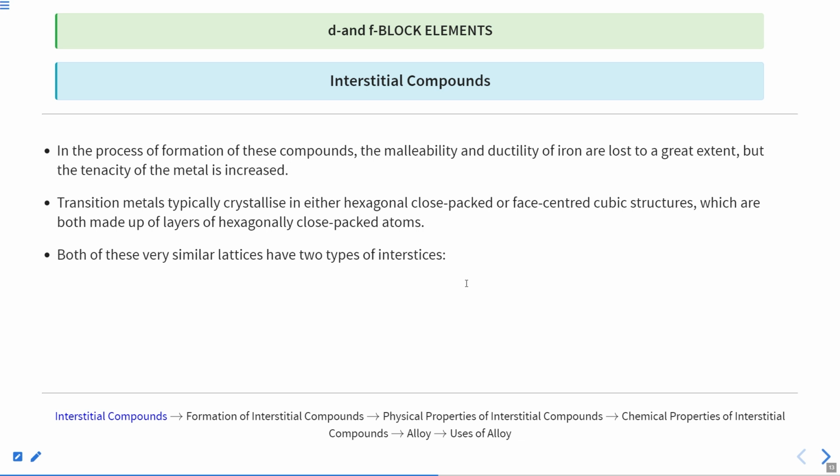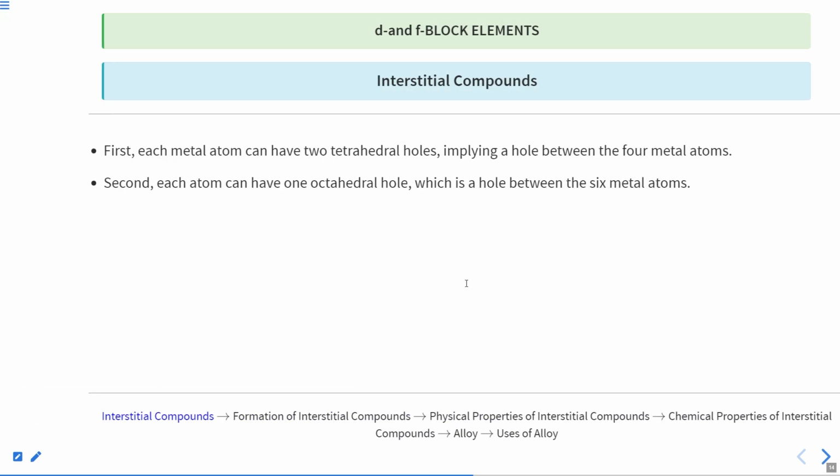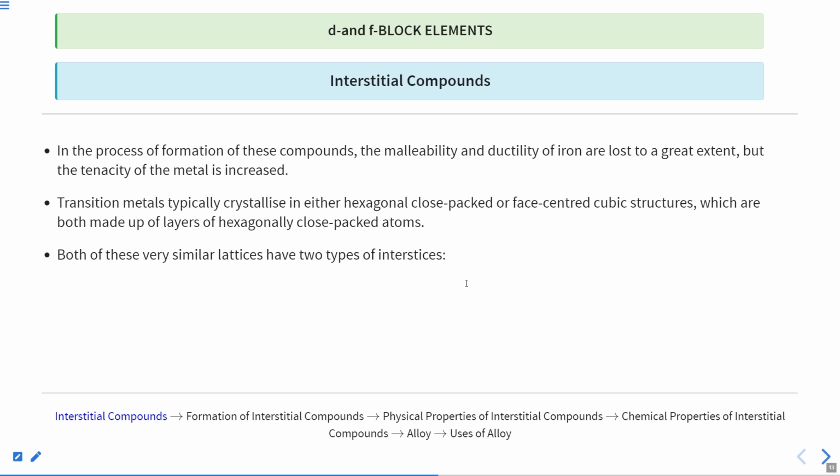So both of these have a very similar lattice and have two types of interstices, right? What is being said here is that they either get packed into hexagonal close packing or face-centered cubic packing, which are both made up of layers of hexagonal close packed atoms. Both of these have a very similar lattice and have two types of interstices.